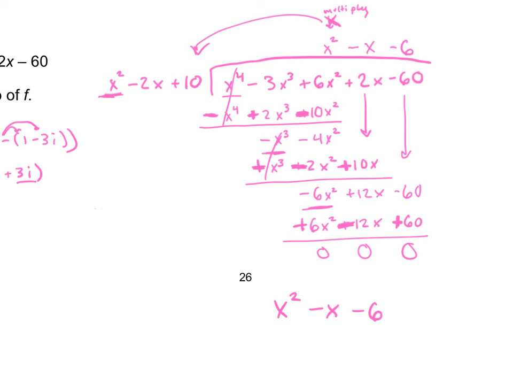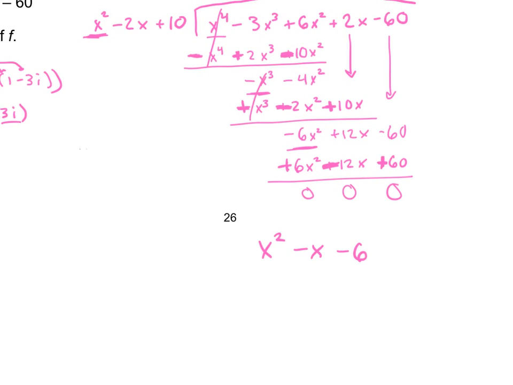So we need to find the zeros of this. How do we find the zeros here? We can do x minus 2 and 3, right? Yeah, we need to find the factors of negative 6 that add up to negative 1.